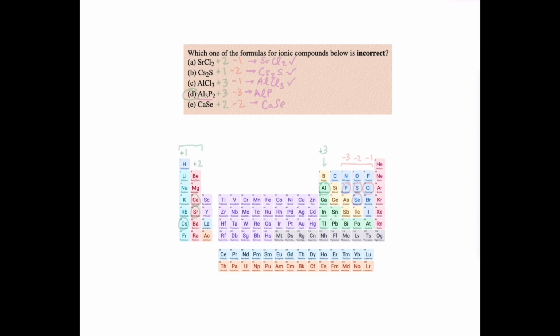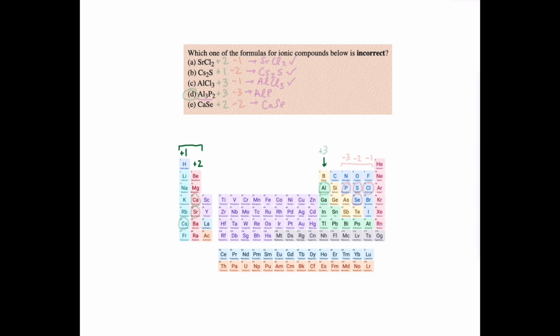We can practice determining which of these formulas for ionic compounds is incorrect by using the periodic table to look at the charges of the cations and anions that make up these ionic compounds. So using these left 2 columns, we know that the alkali metals will be +1 charge, and the alkaline earth metals will be +2.